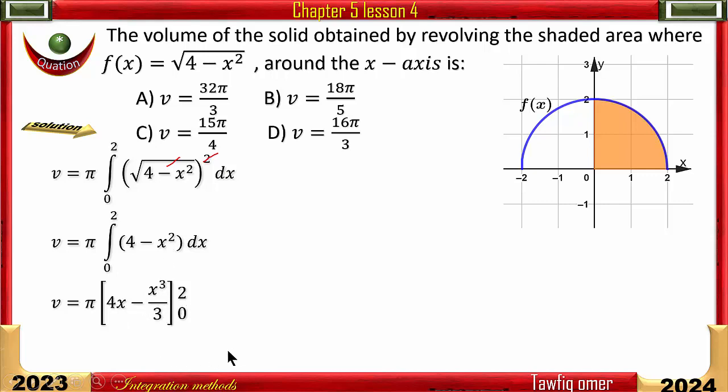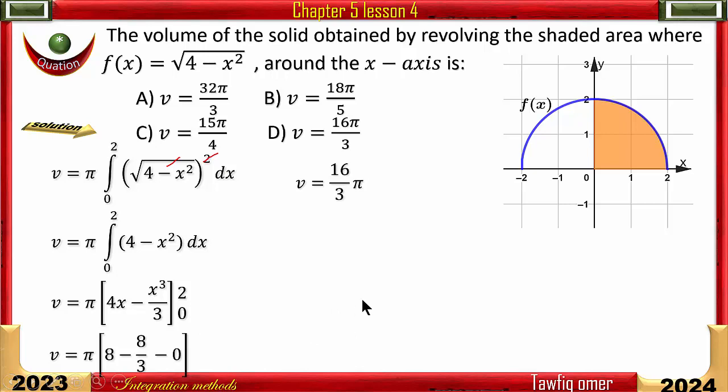And now replacing 2, volume is equal pi, 2 times 4 is 8 minus 2 cubed is 8 over 3. When we simplify, replacing 0, it becomes 0. And simplifying, it is equal 16 over 3 pi.